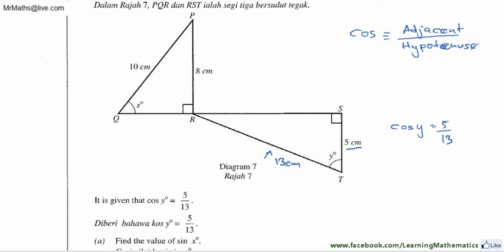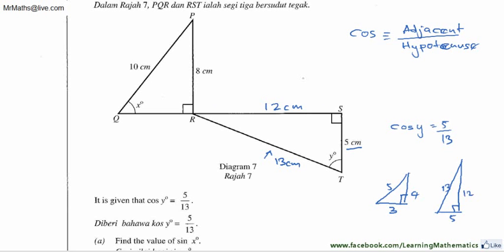And this must be 12. If we use Pythagoras theorem, we know the famous triangles. We normally have 2 types of famous triangle in Pythagoras theorem for right angle triangles: either 3, 4, 5, or 5, 12, 13. So if you know that it's 13, then RS must be 12.